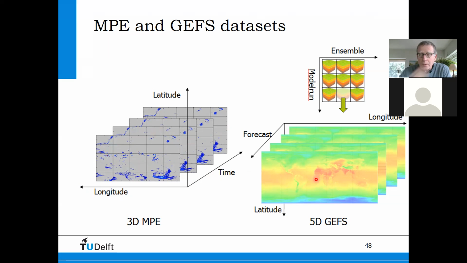And the same for the GEFS database, 5D. Here you see the 3D data cube again with latitude, longitude, and a forecast in time: today, tomorrow, the day after tomorrow, 3 days from now, and so on. But you make this data cube for every combination over here.